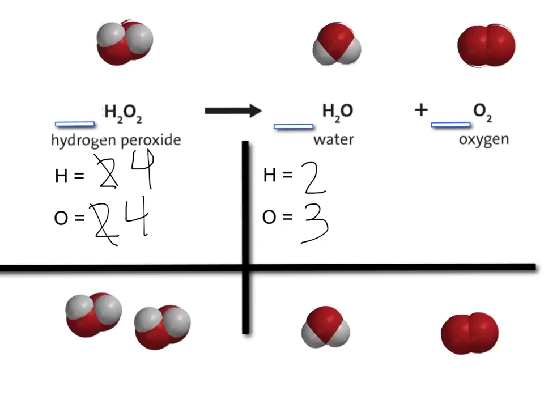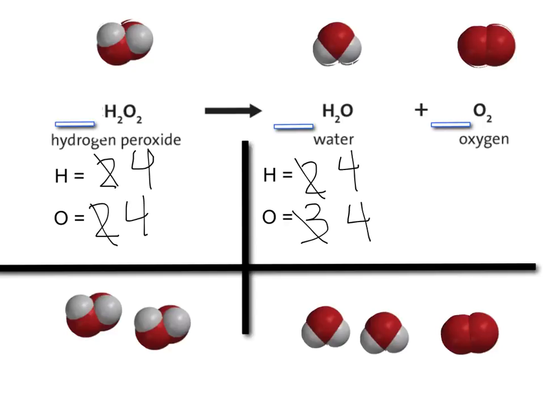So now we have a little more balancing to do, so we're going to go to the side again with the smaller number of what we want to balance, and that's for both of them on this side. So we're going to drag down another molecule of H2O and recount. So now on this side we have 4 hydrogen and 4 oxygen.